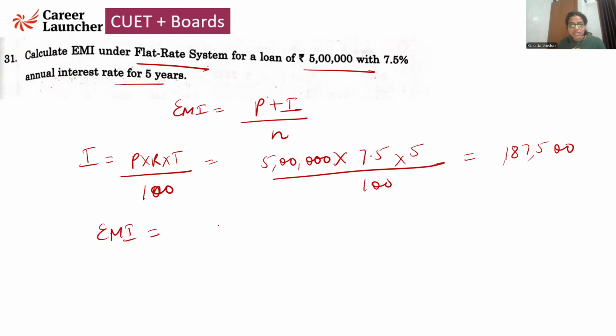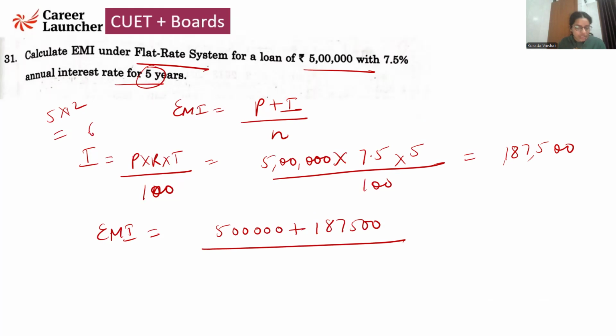Now EMI is adding the principal amount and the interest and dividing it by the number of installments. For 5 years, how many monthly installments do I have to make? It will be 60. So I'm dividing the sum by 60, and you will get around 11,458.3 as the per month installment that you need to make as per the flat rate system.